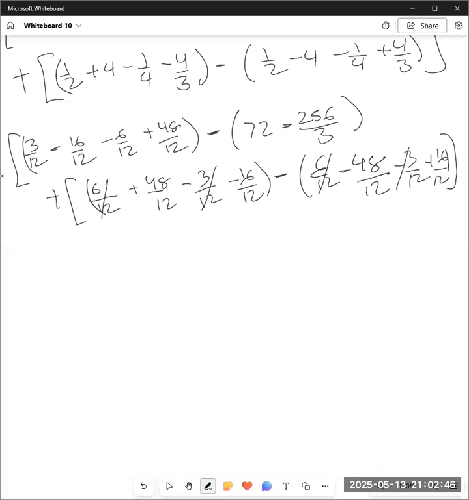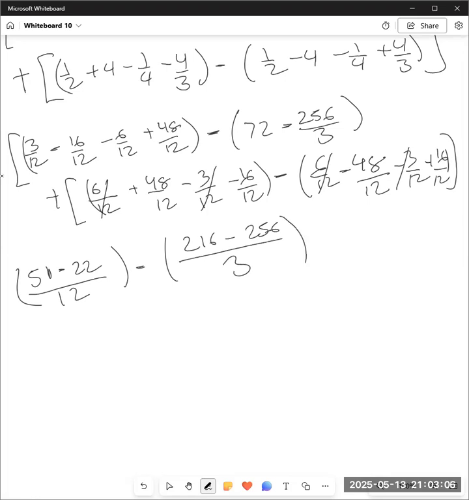So this is going to be 51 minus 22/12 minus 216 minus 256/3.